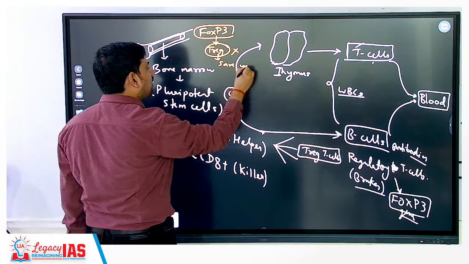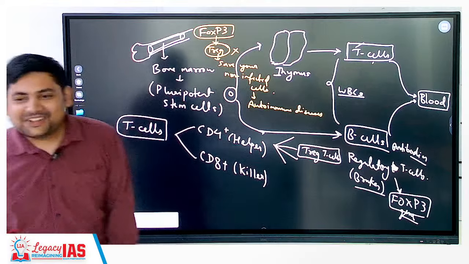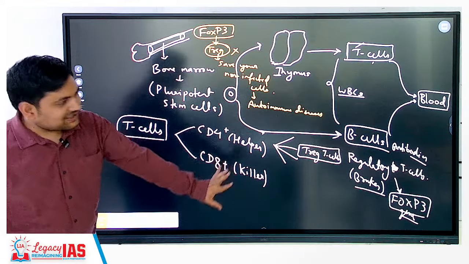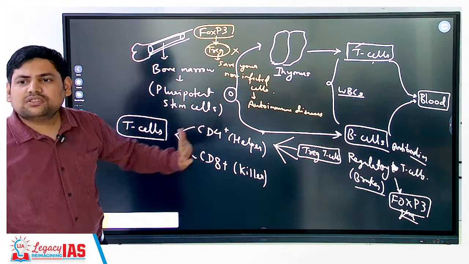What are autoimmune diseases? When your immune system starts attacking your body itself. Understood? Okay, this much only I can explain for now. Once you do the science and tech lectures, everything will be much more clear. I hope it is clear to you at least.